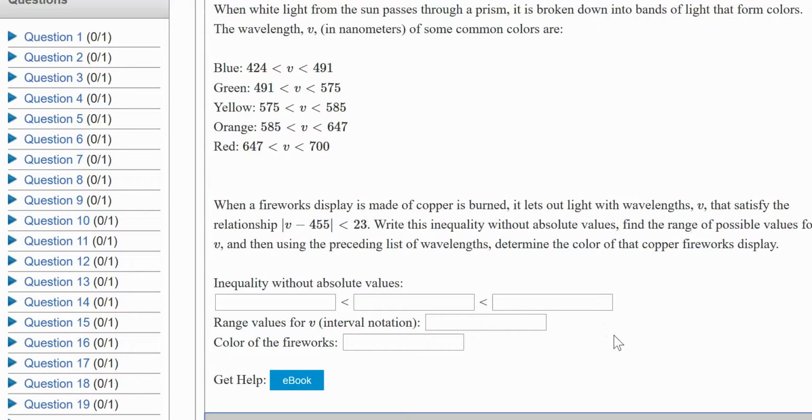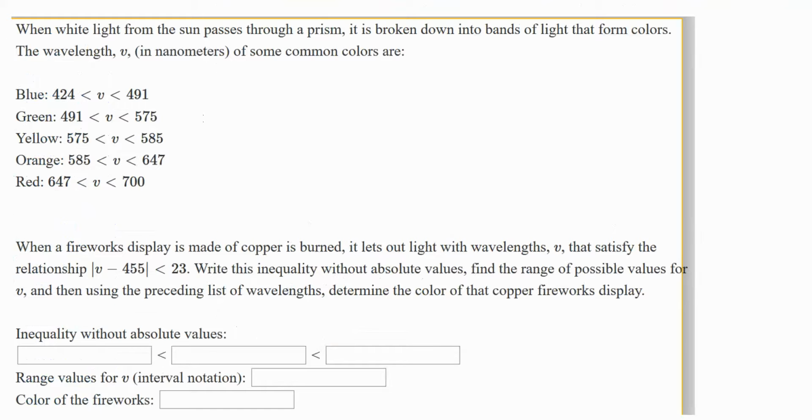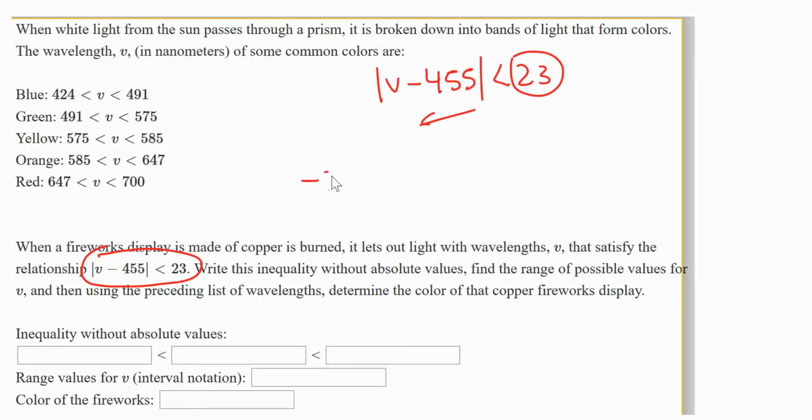Okay, let's put it on our little work area and see if we can put this together. All right, so looking at this, all we really have to do is work with this piece right here. How do you write this without the absolute value? What we do is we take this 23 and put it on that side as the negative, using the same symbol.